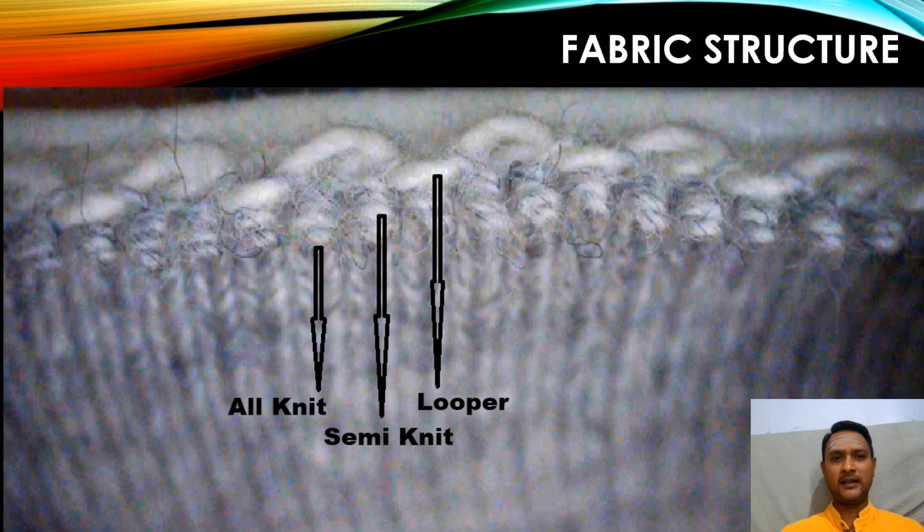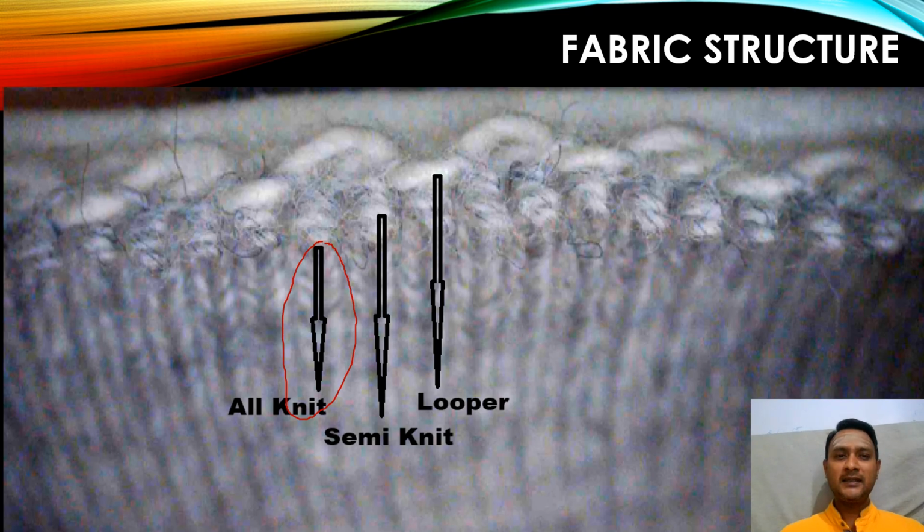Before I start the analysis, why do we call this fabric a 3-thread French terry? Because we use three different yarns to manufacture this particular fabric quality. The yarn on the face side we call all knit, which is on the technical face.